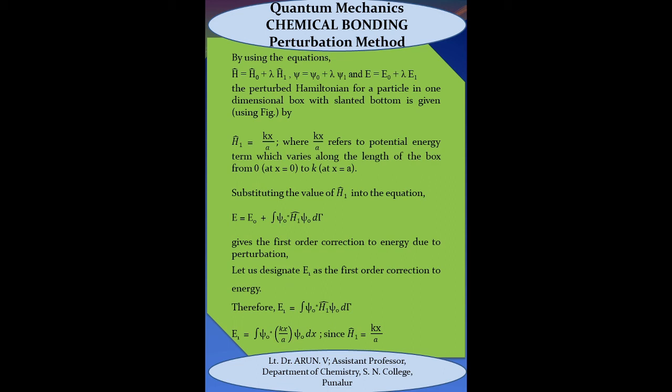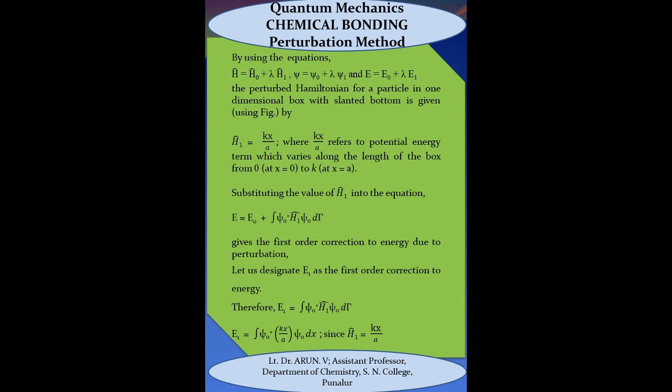Substituting this value of H1 into the energy equation, we get E equal to E0 plus the integral of ψ0 star H1 ψ0 dτ. This equation gives the first order correction term to energy due to the perturbation. Let us designate the first order correction term for energy as E1.